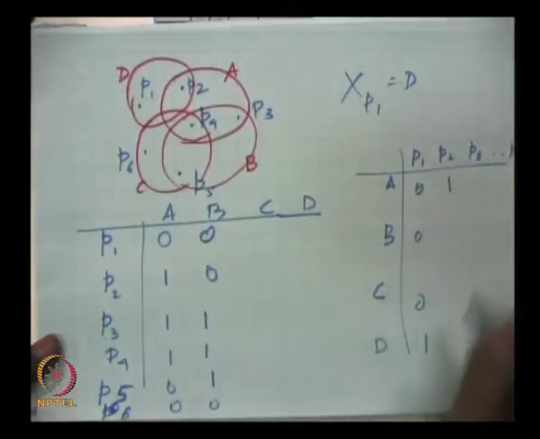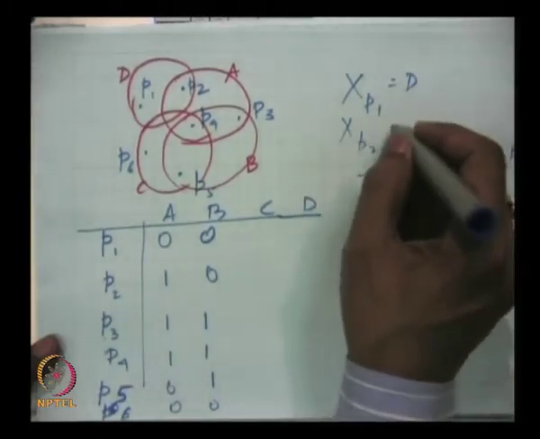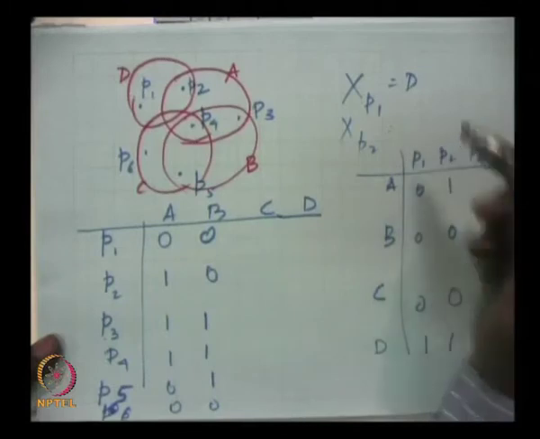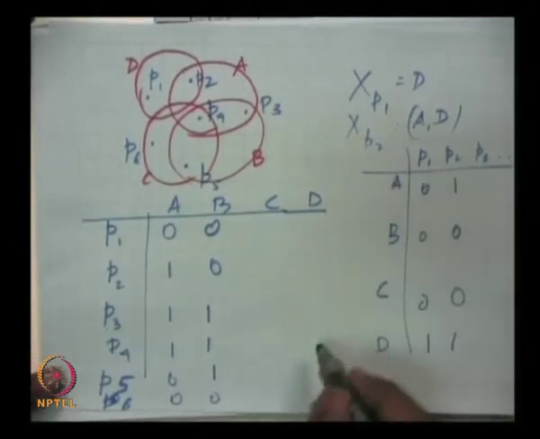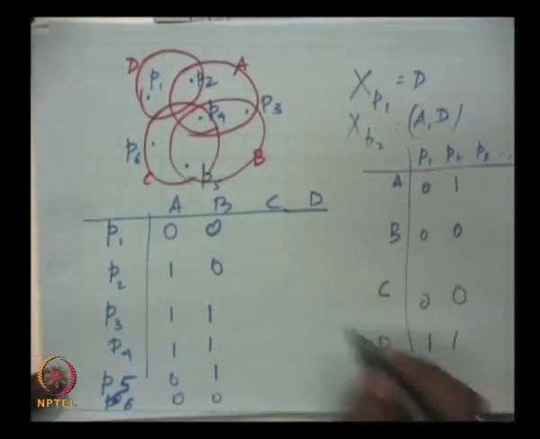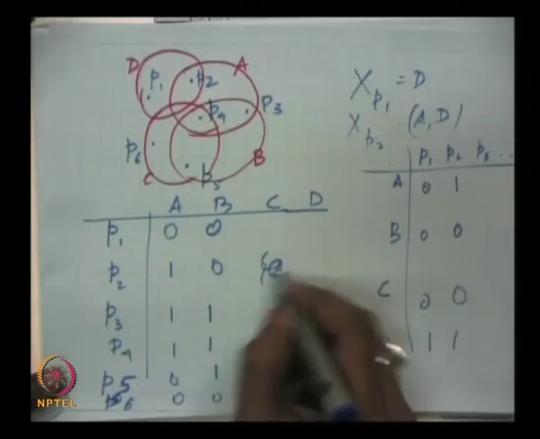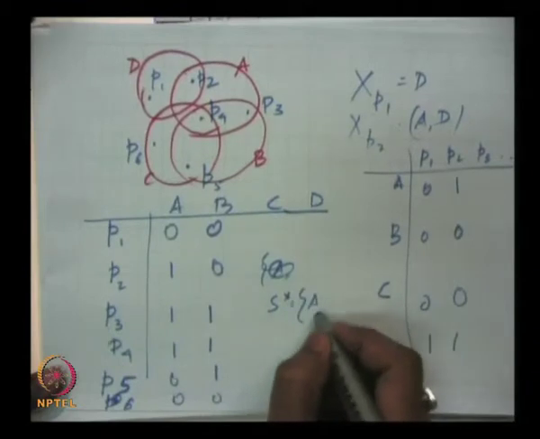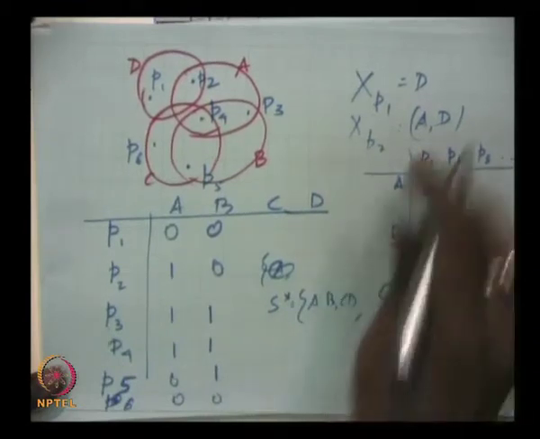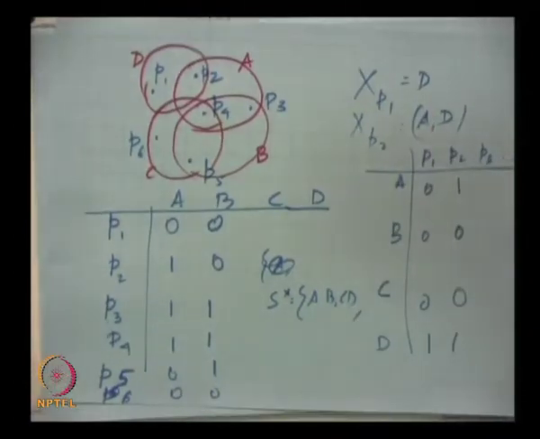So, A and D and 0, 0. So, X P2 is AD. Okay. So, in the dual range space, S star is A, B, C, D, and then some subsets of these things, D, AD and so on and so forth, right. So, that is my dual range space.